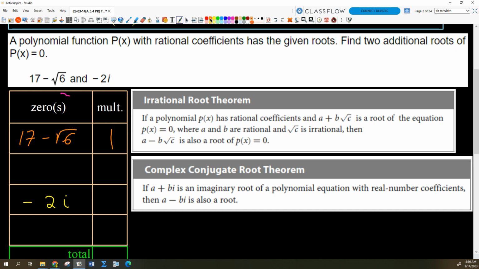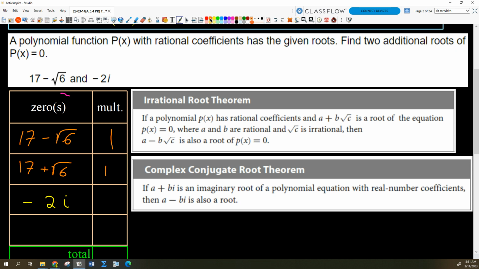There you go. Exactly, right? Because we have a zero with a square root in it, it has to be part of a conjugate pair. If we get 17 minus the square root of 6, then 17 plus the square root of 6 is also a zero. What about this negative 2i? Are there any other implied zeros that must go with that? Plus 2i, right?